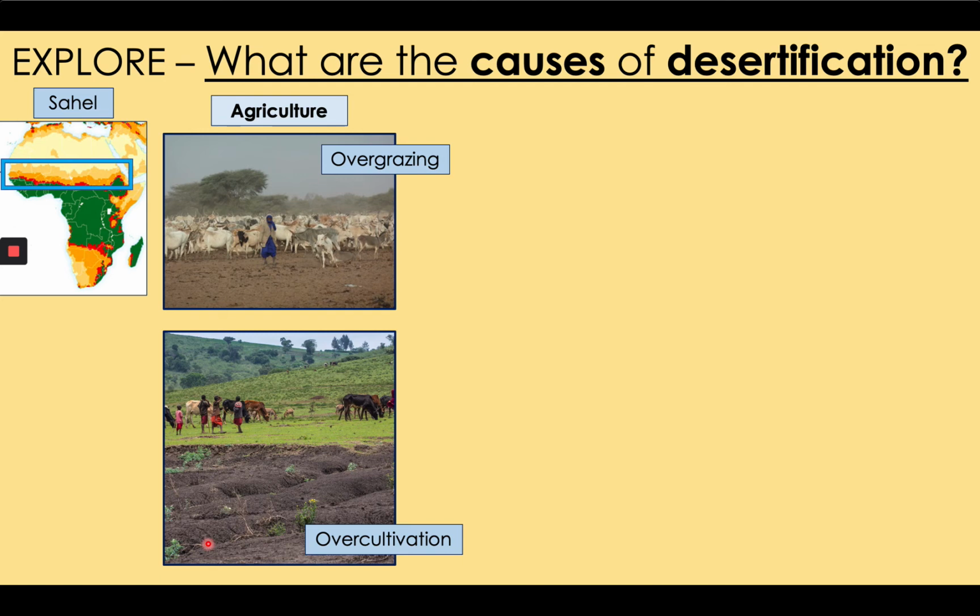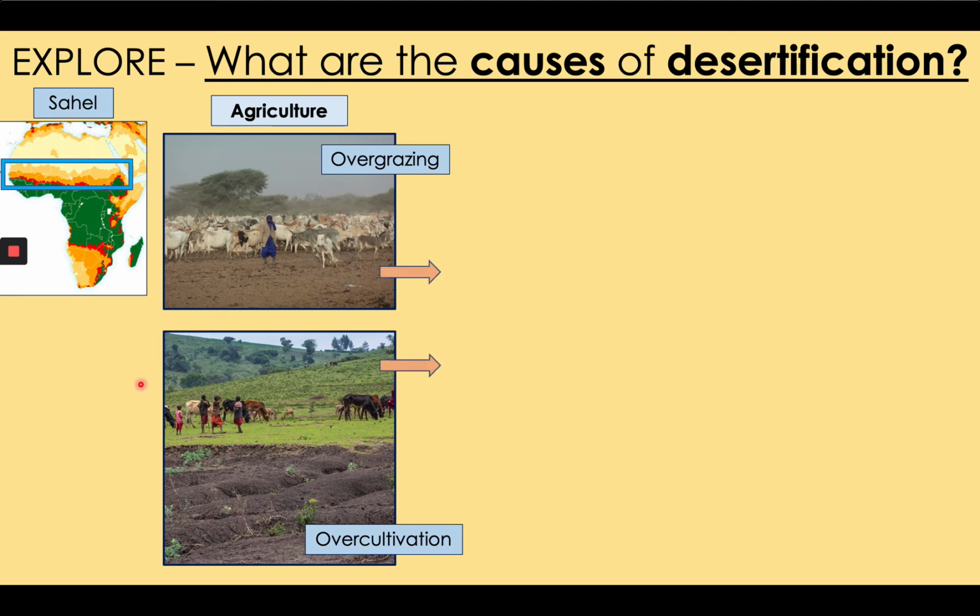Ploughing the land, cultivating the land, churns up the soil and loosens it, which means two things happen. Number one, it can be easily blown away by the wind or washed away by rainfall. And number two, it kills the plants and destroys the roots that hold the soil together.